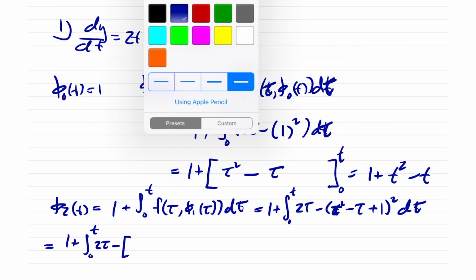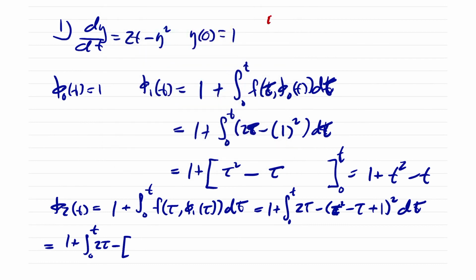All right, let's go ahead and take a look. So we have tau squared minus tau plus 1 times tau squared minus tau plus 1, and multiplying all these together. So we're going to end up having tau to the 4th minus tau cubed plus tau squared.